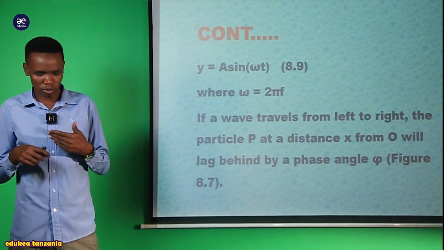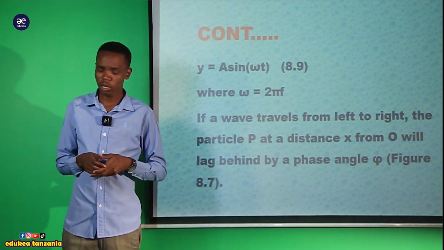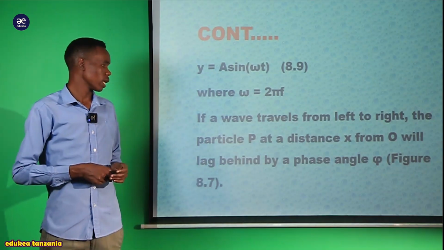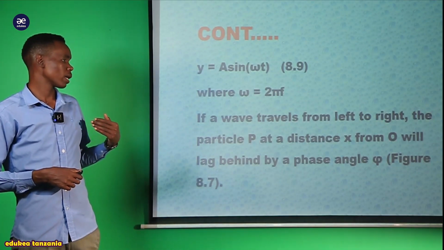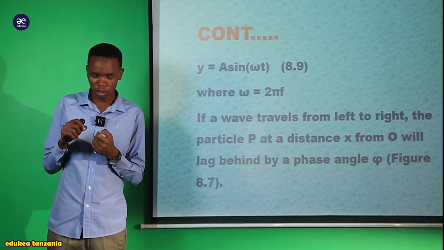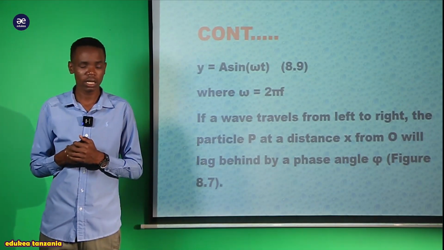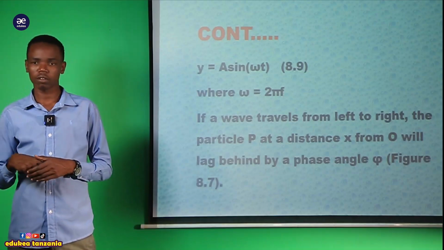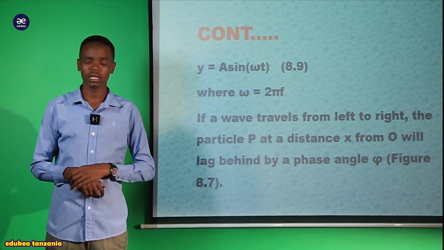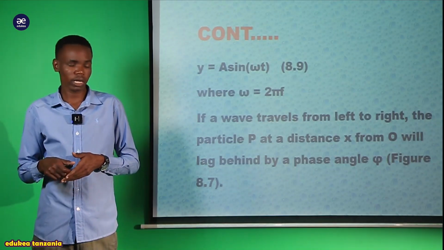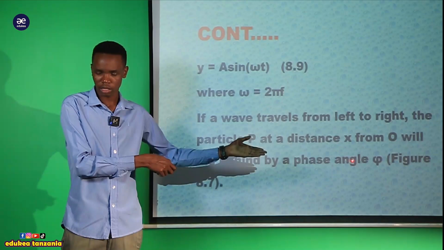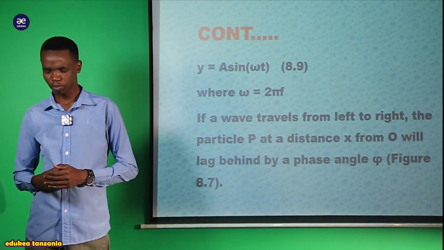Kwa wale particles, kama sasa tutakuwa na particle na wave ambazo zina uwezo wa kumove kutoka upande wa kushoto zikawa zinaelekea upande wa kulia, tumeambiwa kwamba yule particle P at the distance x from O will be expressed as a phase angle, as we have been told, my lovely students. This is the phase angle with the symbol as it is indicated here.